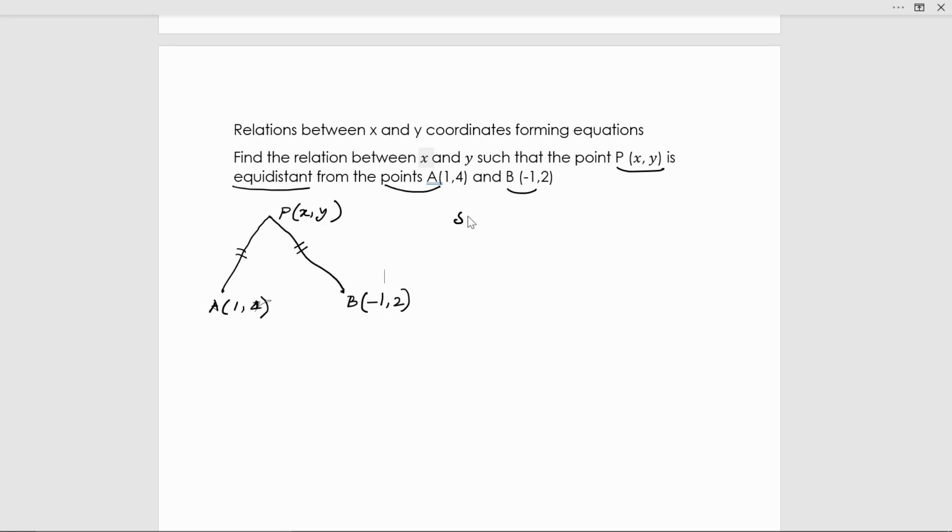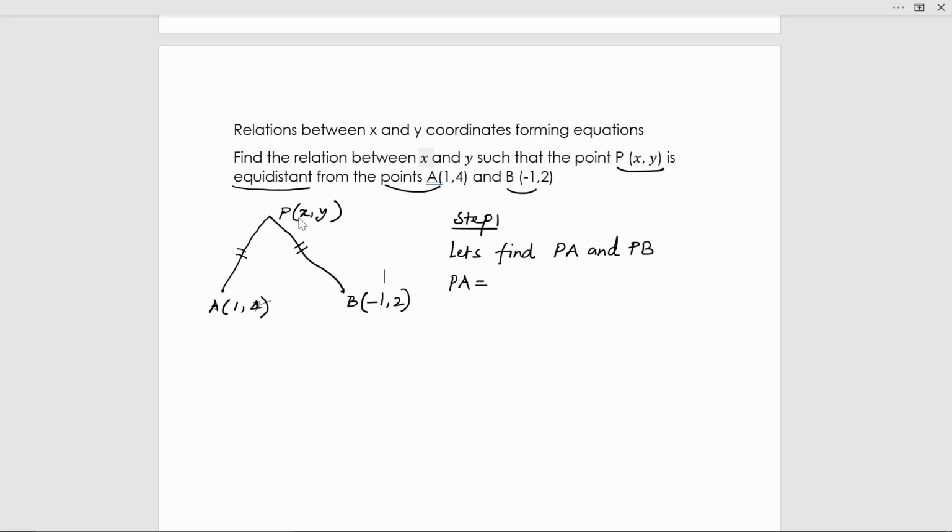So again, step 1: let's find PA and PB using the distance formula. So what is PA?